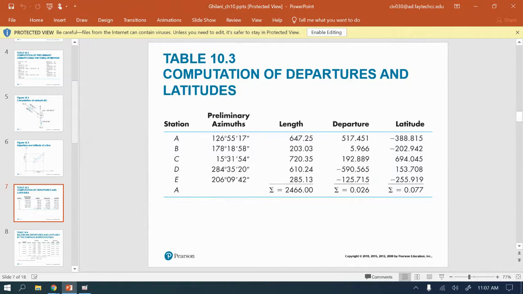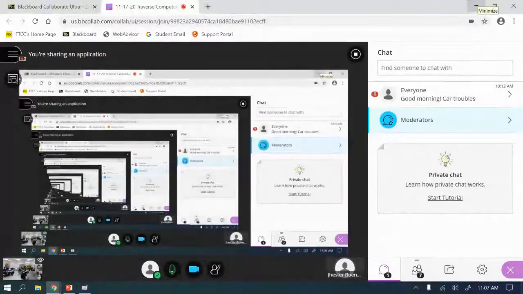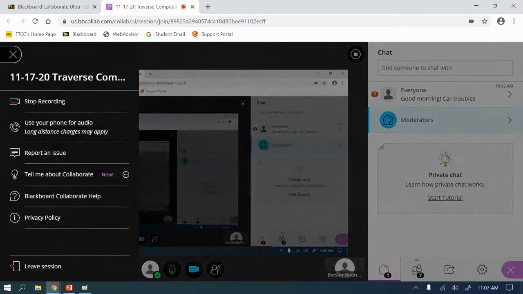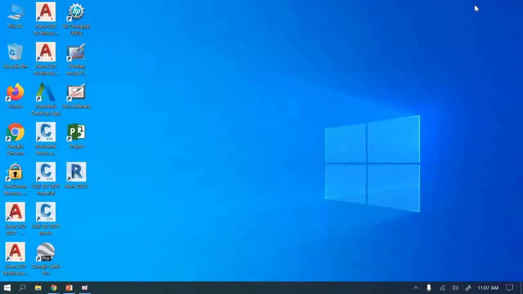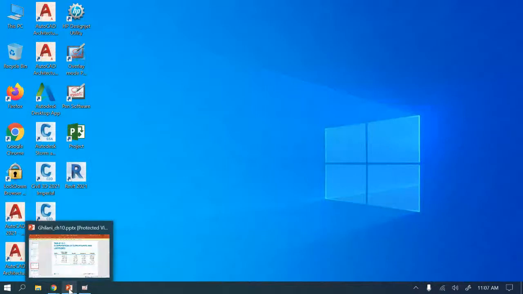Y'all don't use the board at night in CAD, do you? Okay. Let me see if I can kind of turn this around and I'll start. Okay, so I am recording. Let me just go back and show the screen and I'm going to start on the board. So hopefully you'll be able to see the board once I turn it that way.